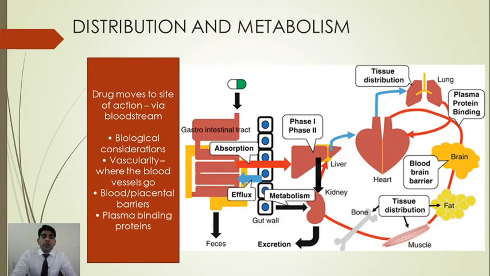Now we are coming to the second part of pharmacokinetics, that is distribution. What the body does with the drug after absorption is distribution. In distribution, the drug moves to the site of action via the systemic circulation.